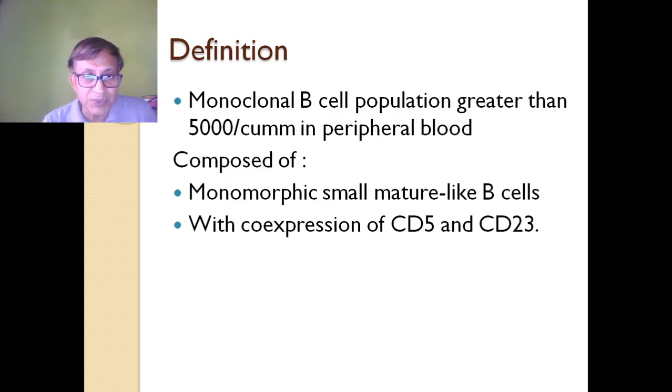So, that gives you the definition of CLL, chronic lymphocytic leukemia. It is composed of monomorphic small mature B cells. As you know, there is co-expression of CD5 and CD23. Next page.